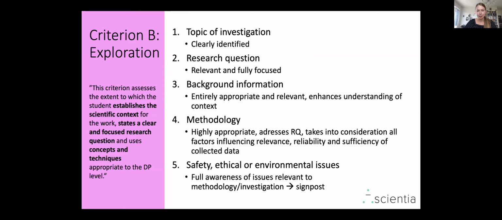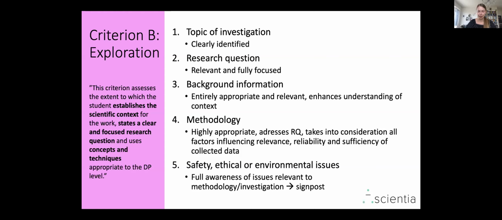For the methodology, this really has to address your research question and make sure that you're taking into consideration any factors that could influence the relevance of your experimentation. If anything might influence the validity of your investigation, you need to make sure that you're accounting for that in your methodology. Whoever is reading this needs to be able to do your entire experiment just from the methodology without asking you any questions.